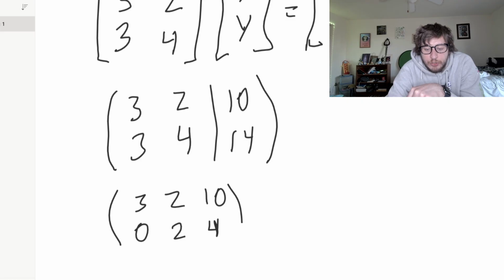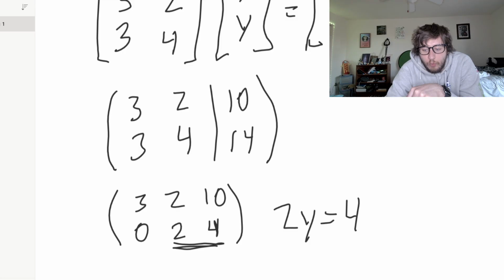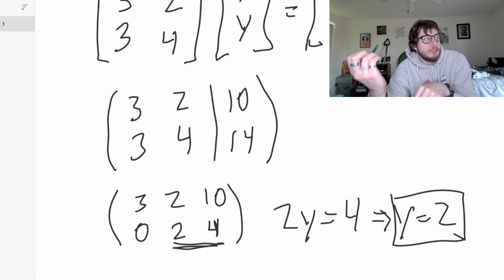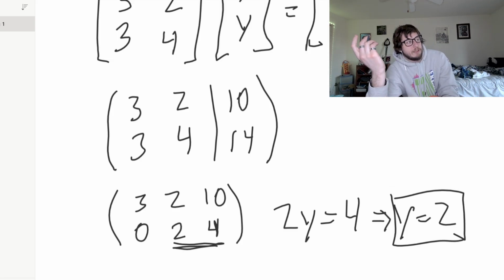Now what this tells you is 2y equals 4, right? 2y equals 4 means y equals 2. And if y equals 2, we know half of the answer already, right?